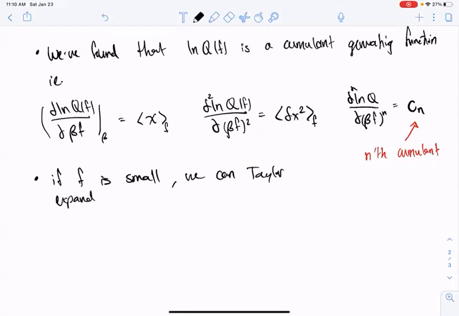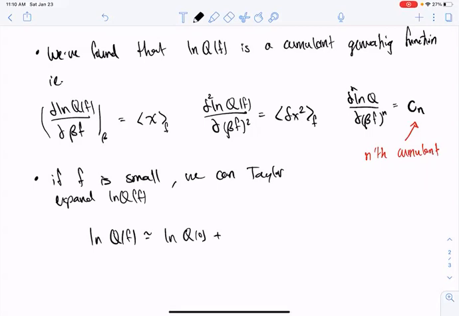the partition function, and specifically its log. And what would we get? Taylor expanding Q of F. Well, to 0th order, it's just Q of 0.